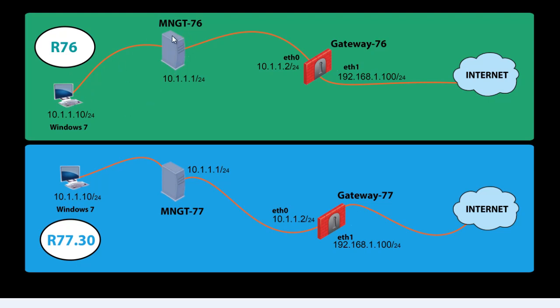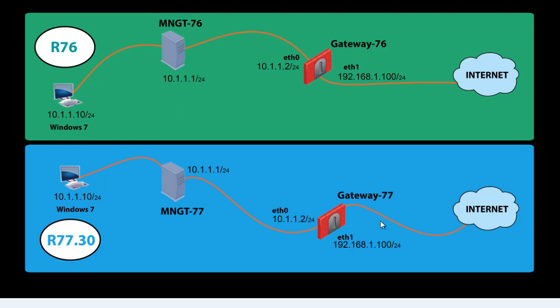So when we bring a configuration from this management server into this management server, obviously our Windows 7 object will have that IP address. So I always advise that you create exactly the same topology if you're going to create a new management server. One other way we could have done this, we could have exported our configuration from this management server.